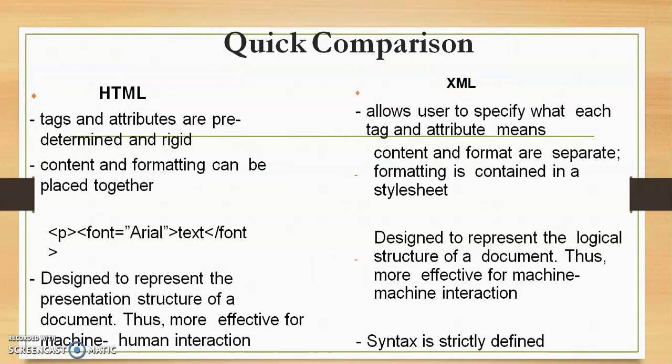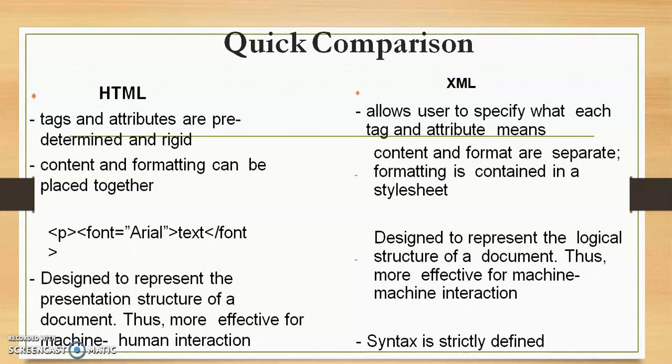So a quick comparison. In HTML, the tags and attributes are predefined and rigid. Coming to XML, it allows the user to specify what each tag and attribute means. The content and formatting can be placed together in the case of HTML, whereas in XML, the content and format are separate.